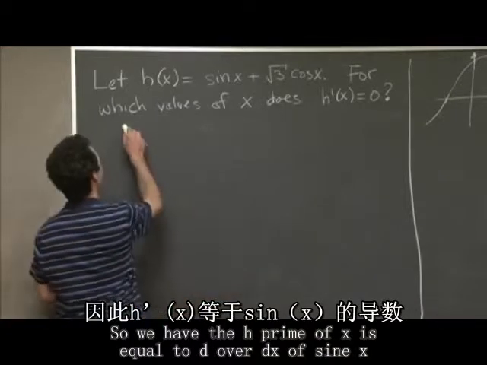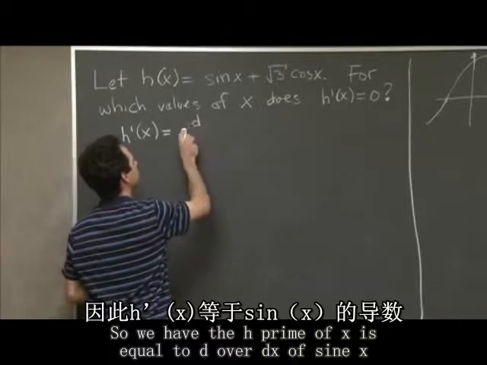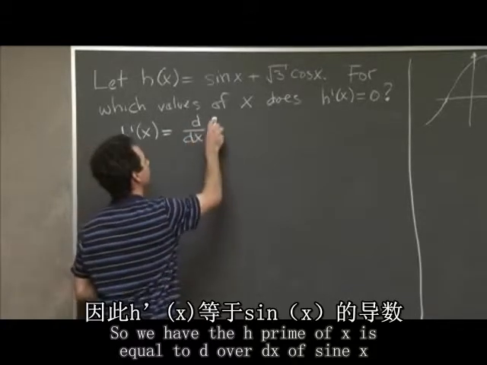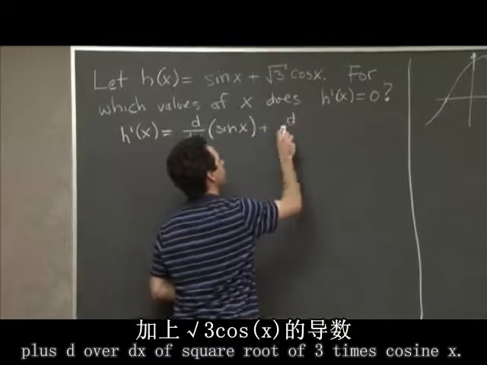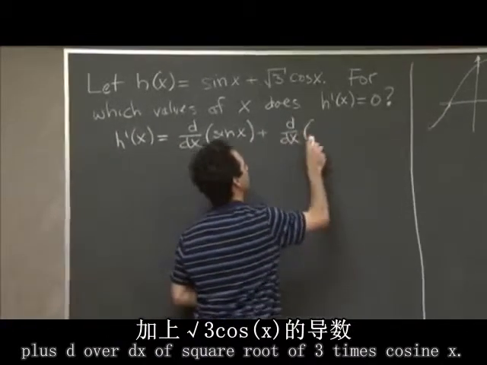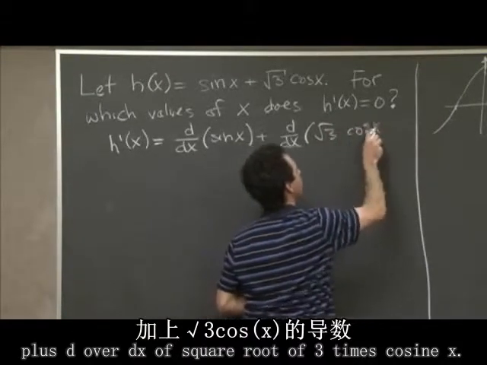So we have that h prime of x is equal to d over dx of sine x plus d over dx of square root of 3 times cosine x.